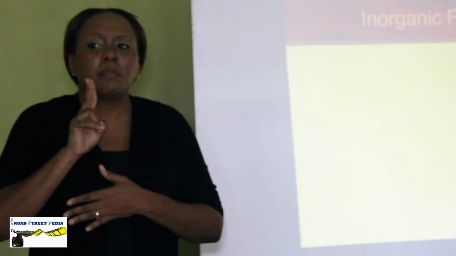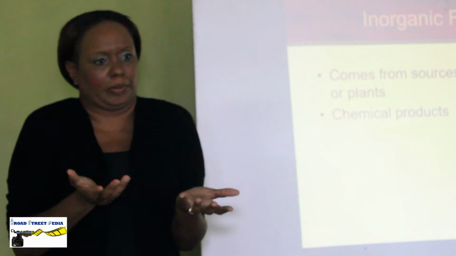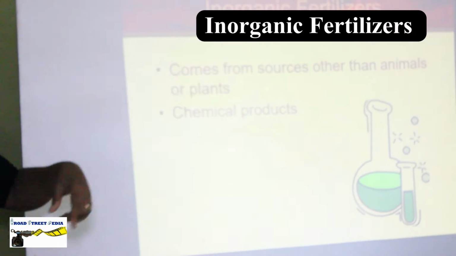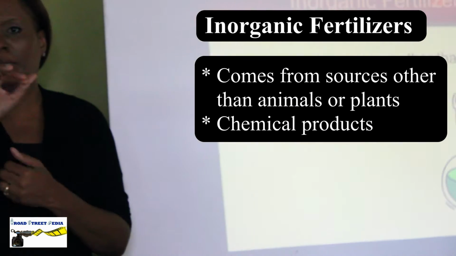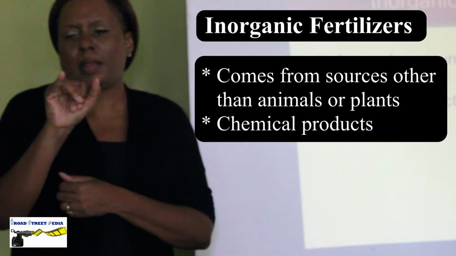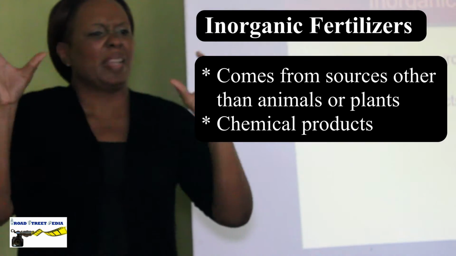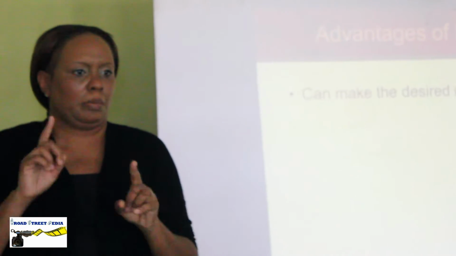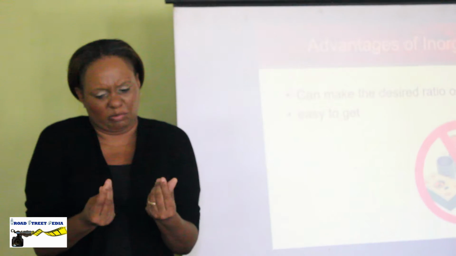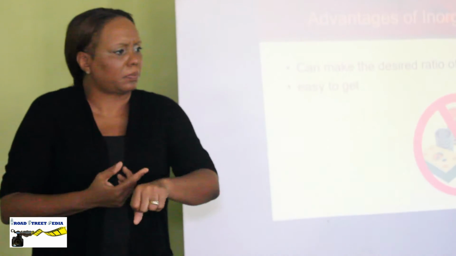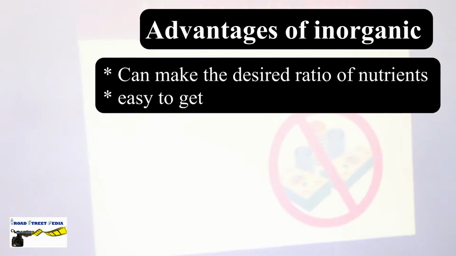Low in nutritional value. The inorganic, which are the ones that are made, come from sources other than animals, and they're made chemically, and some of them tend to last in the soil much longer. They are made in the desired ratio.